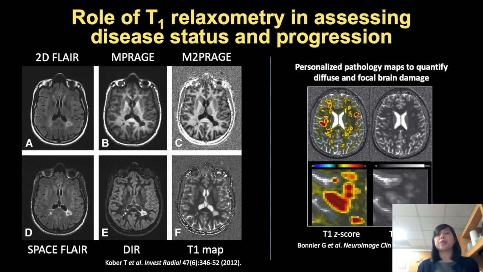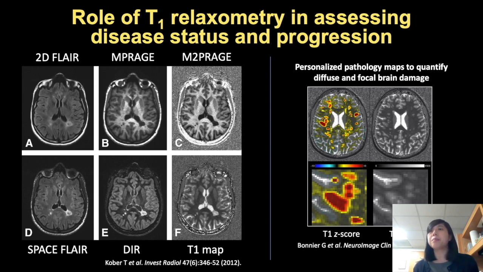In addition, there's this prospect that being able to quantify T1 throughout the whole brain may provide a personalized approach in which we could assess the heterogeneity of damage in focal lesions, as well as the extent of diffuse pathology, by basically quantifying the changes in T1 relaxation times compared to a normal distribution of T1 relaxation times in healthy individuals.